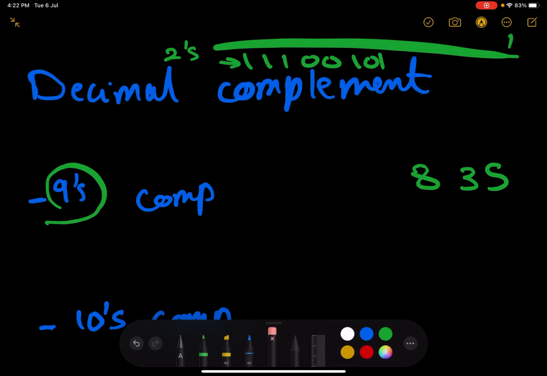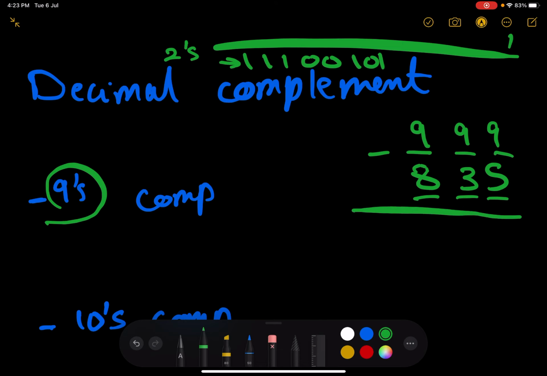you just subtract the number from, now you have a number which consists of 3 digits, so here 999, as 9 is the greatest number that you can have in this system in any digit.